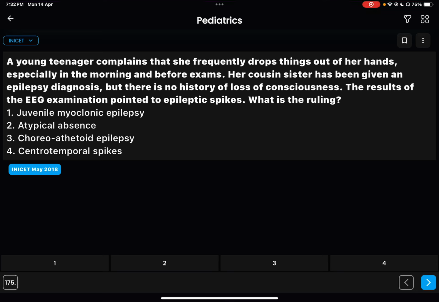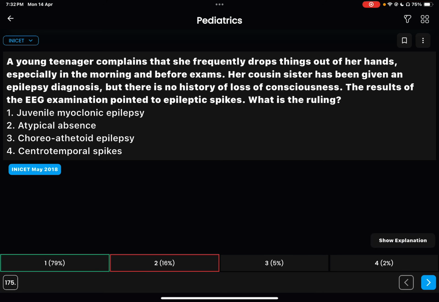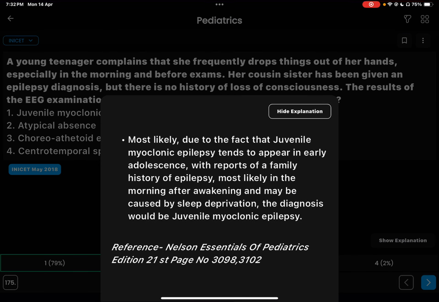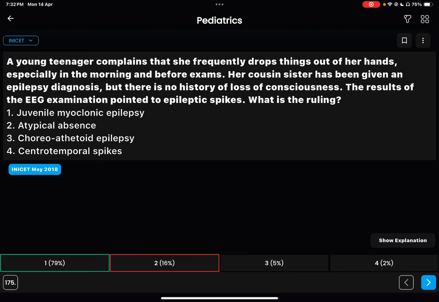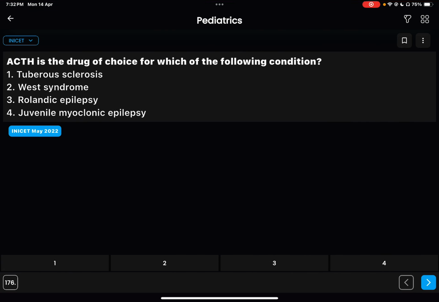This could be atypical absence seizure, juvenile myoclonic epilepsy. Correct answer is juvenile myoclonic epilepsy. Whenever there is a sibling, answer juvenile myoclonic epilepsy.